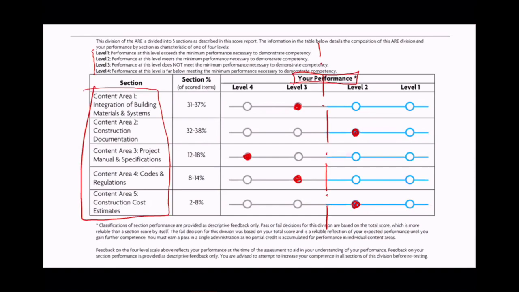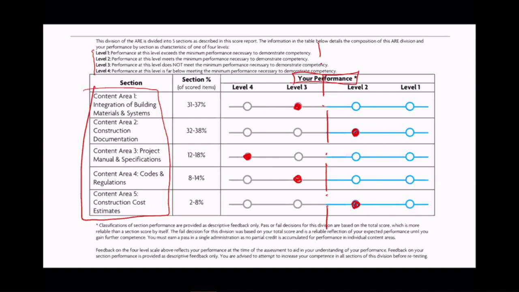You can pass with all but one of them in level 3, and the last one in level 2. Every question is worth 1 point. It does not matter what section it comes from. And you don't pass based on how many questions in a given area you get right. You pass based on how many total points you get.